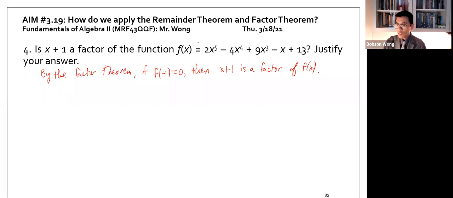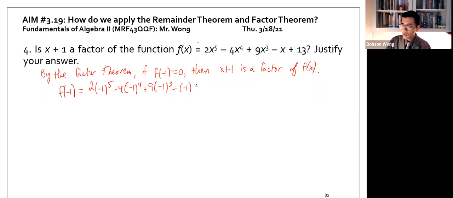So here, what we can do is, again, we can substitute and we can get f of negative 1. And so f of negative 1 is 2 times negative 1 to the 5th minus 4 times negative 1 to the 4th plus 9 times negative 1 to the 3rd minus negative 1 plus 13.